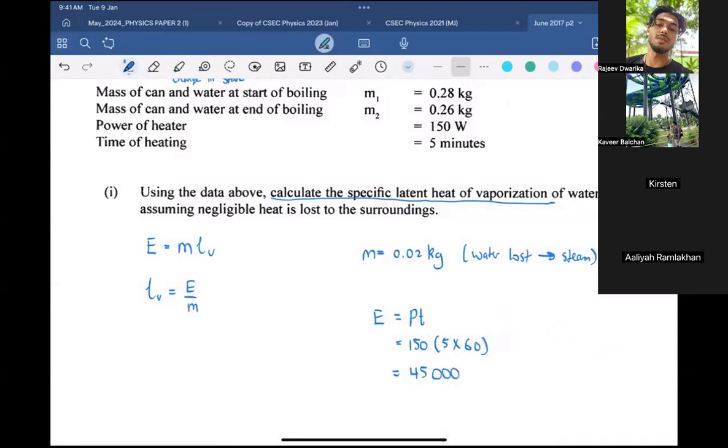Right. So, what is the unit for energy? Let me ask Justin. What is the unit for energy? Joules.